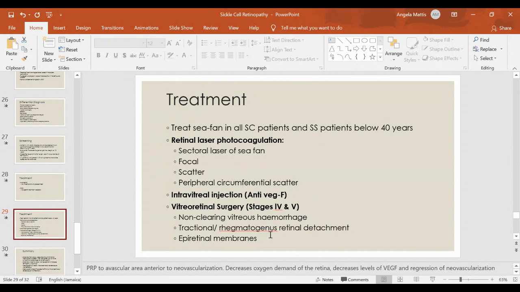So we tend not to do scleral buckling as we would do in other retinal detachment cases. So we probably do more vitrectomies in our retinal detachment patients and also in patients who develop epiretinal membranes. These membranes develop because of the gliosis and so on from the bleeding that takes place with a vitreous hemorrhage. So that's what we do for these patients.